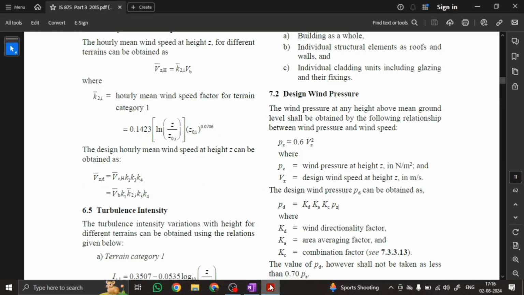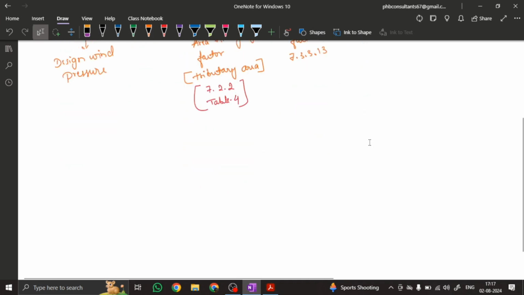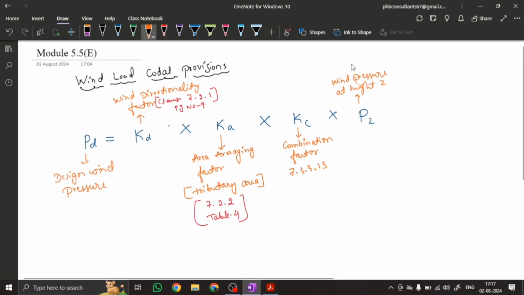Now how to find out the PZ value? Here it is. PZ formula: PZ is equal to 0.6 VZ square.